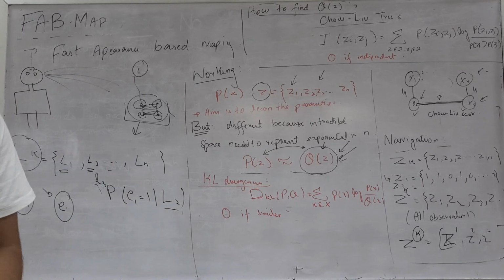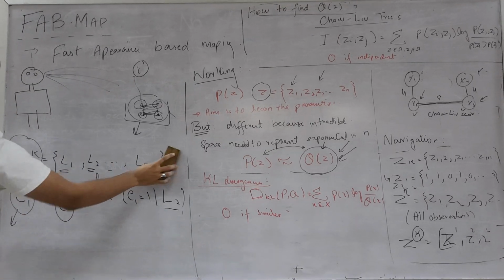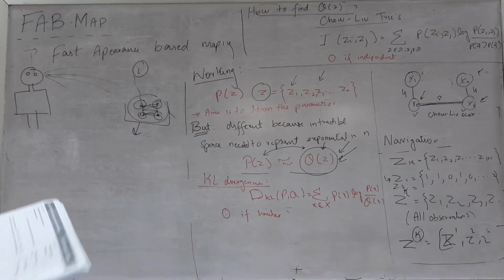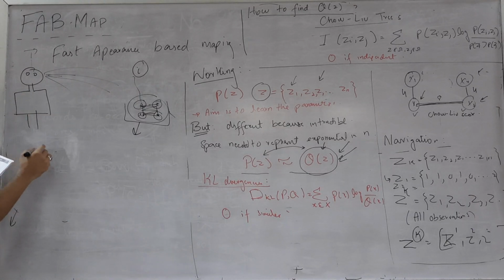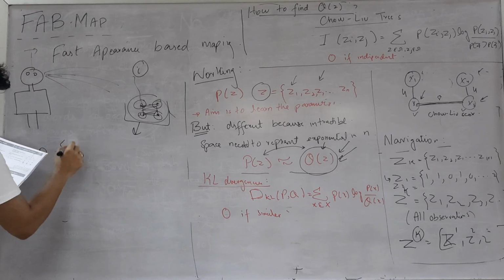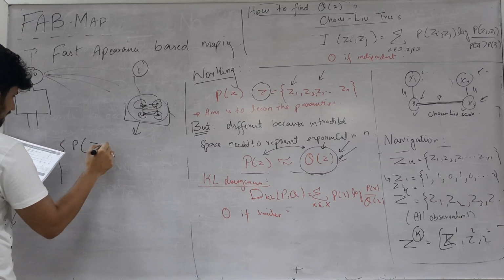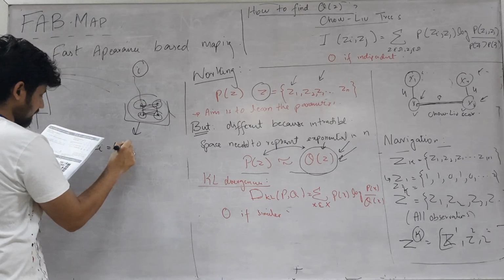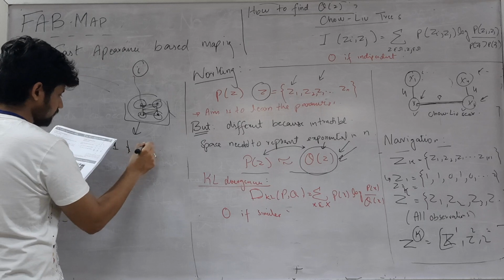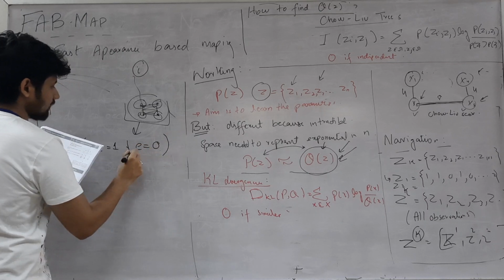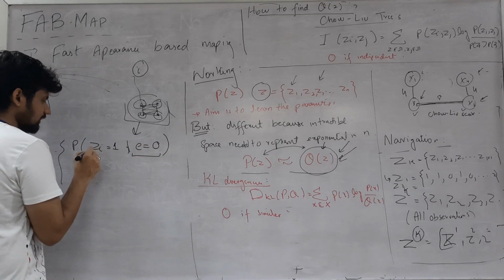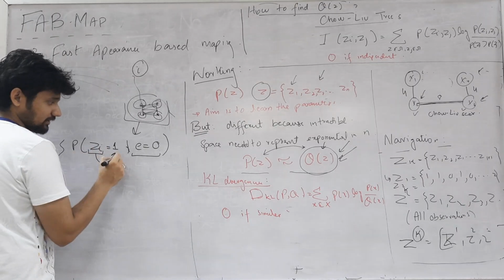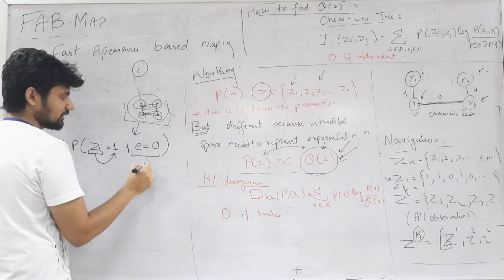Then, hope you know about the false positive and false negative thing. For example, probability of zi is equal to 1: it observed the environment, and the event was 0. In observation number i, it said it has detected something, but it was not actually there.